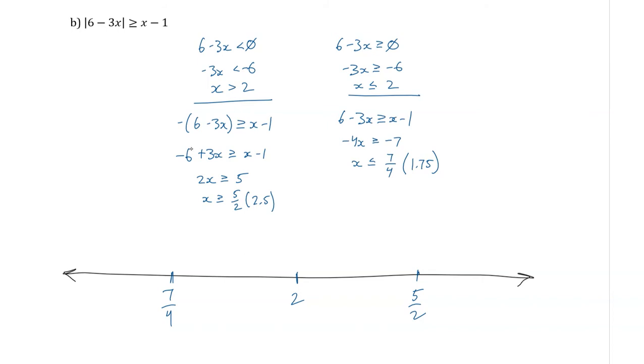Okay, so values that are strictly greater than 2. And values that are greater than or equal to 2.5.